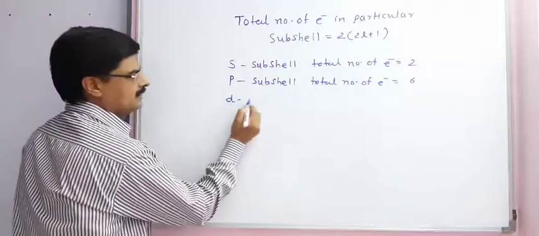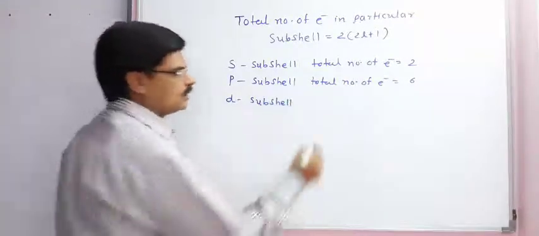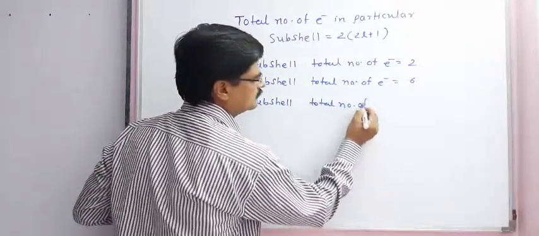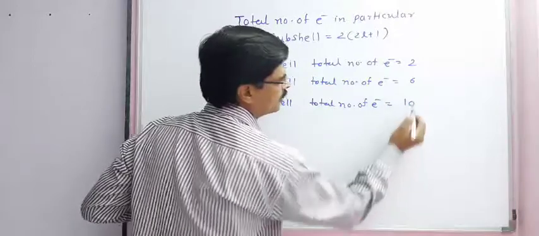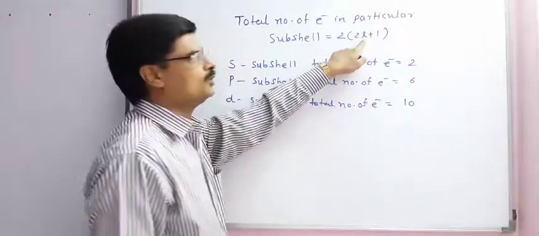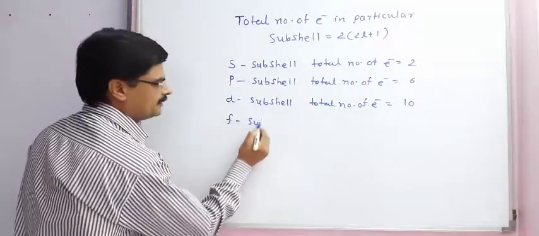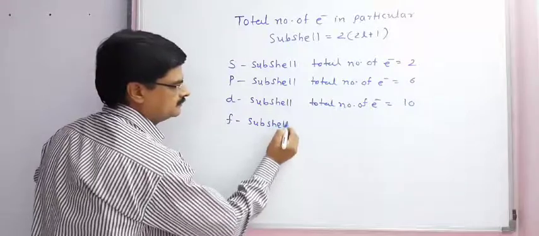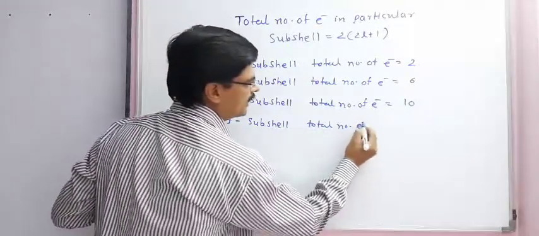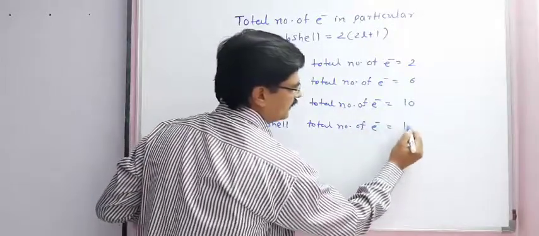Same way, for the d subshell, the total number of electrons is equal to 10. Keeping the value l is equal to 2, we will get 10 electrons. Same way, for the f subshell, the total number of electrons is equal to 14.